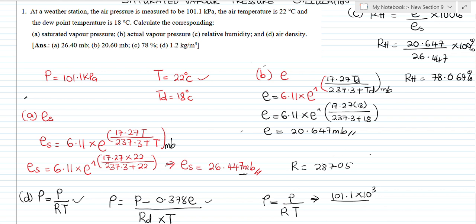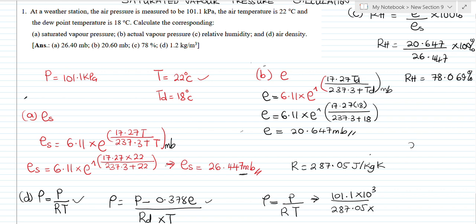Let me write it again. That constant is 287.05 joule per kilogram Kelvin. So we have 287.05 times the temperature.